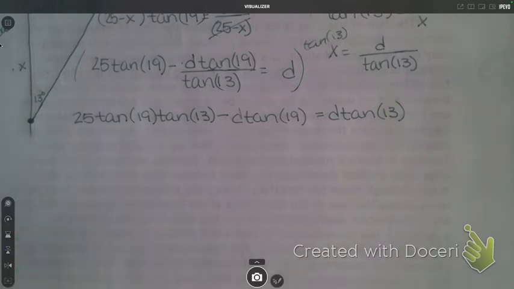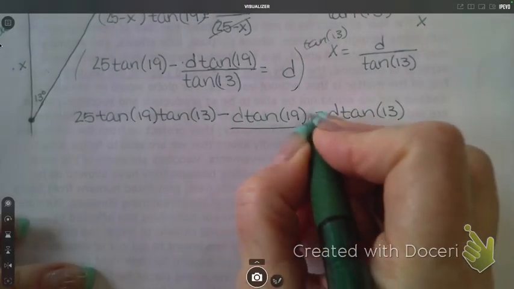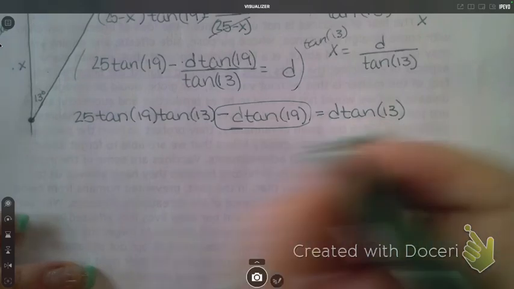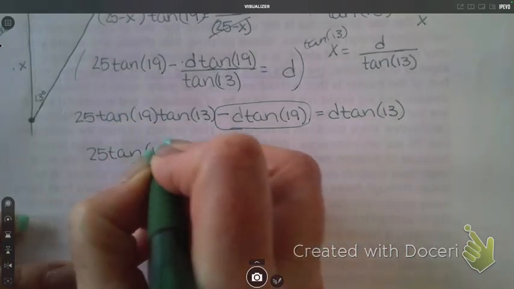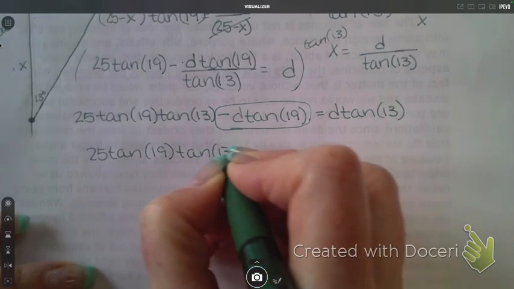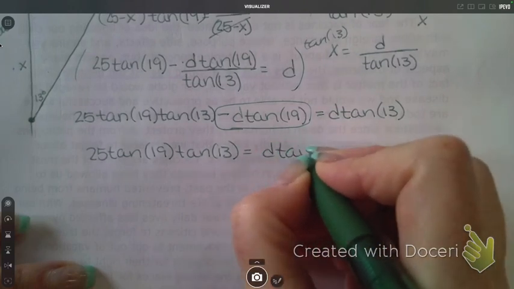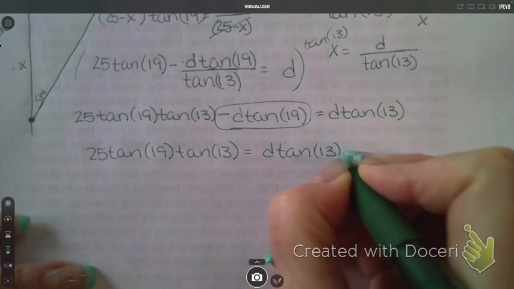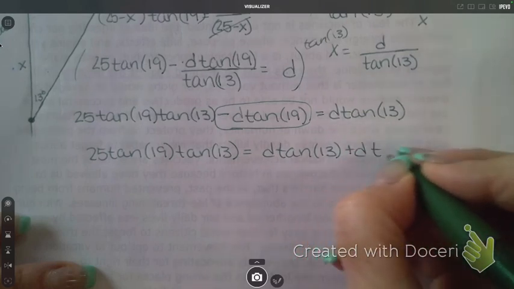Nope. I need to get d's all where? Oh, I realize. I need to add this. So I have 25 tangent of 19, tangent of 13 equals d tangent of 13 plus d tangent of 19.